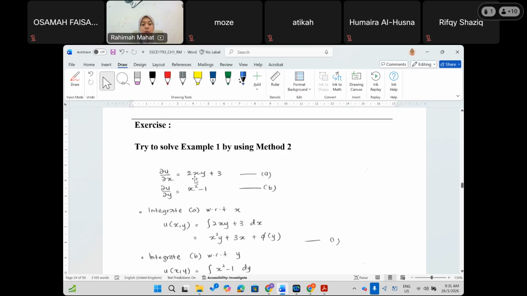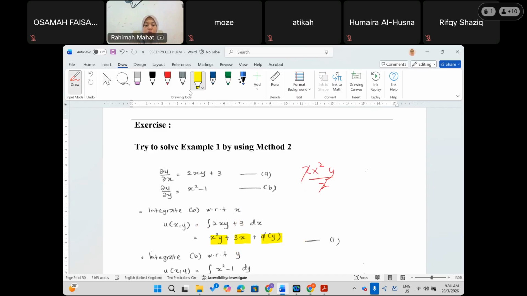Okay, so we get 2x squared y over 2, so you can cancel the 2. So that's why your answer is x squared y plus 3x plus phi of y.